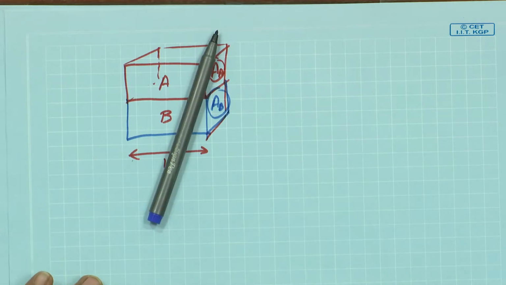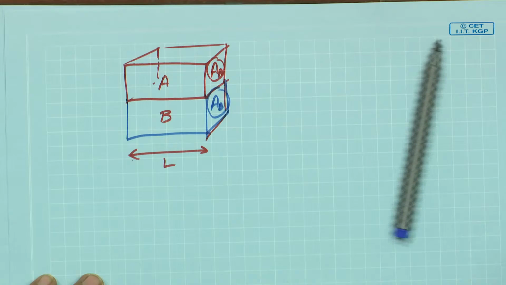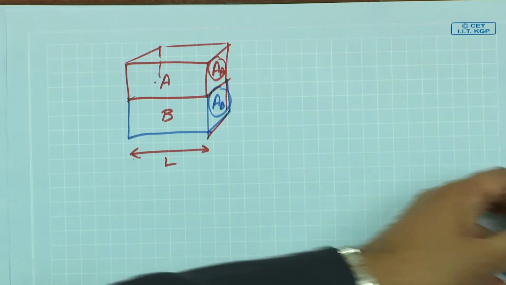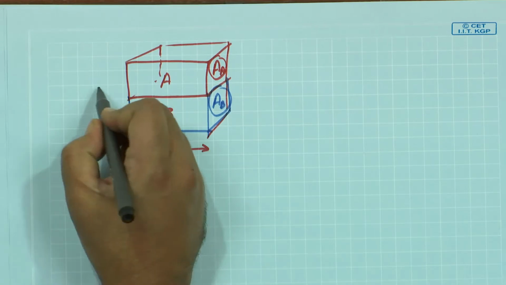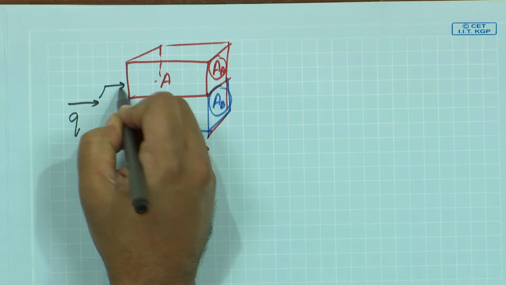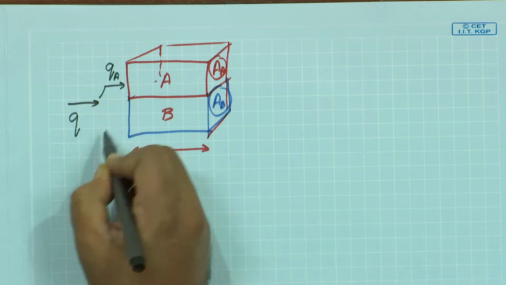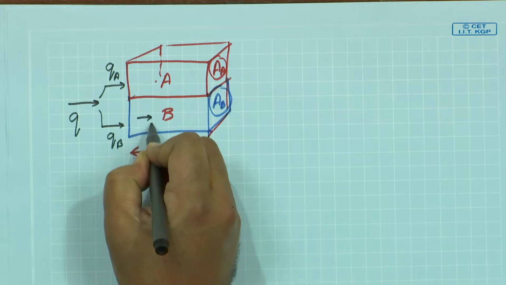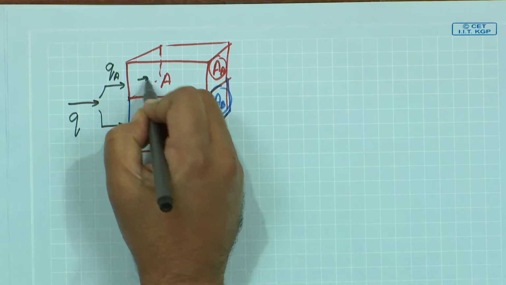And this is going to be A B. So, in this case, therefore, these two resistances are in parallel, because the heat that is going to come from here is now going to split into two. It is going to be split into Q A and Q B. So, this will be Q B, this will be Q A.